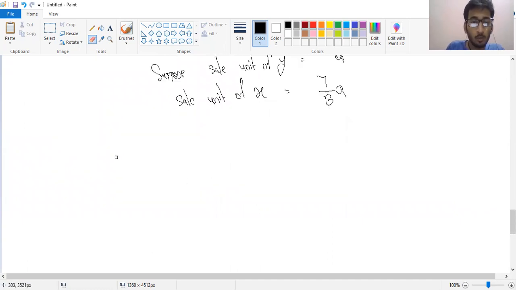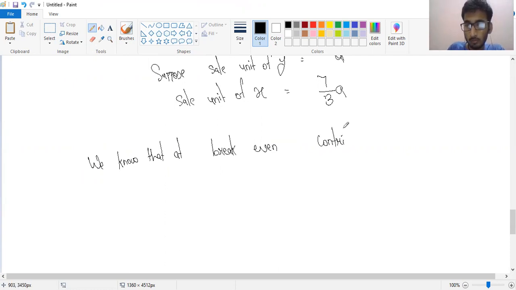Now we know that at break even, contribution is equal to fixed cost. With this unit, what would be the contribution of X?